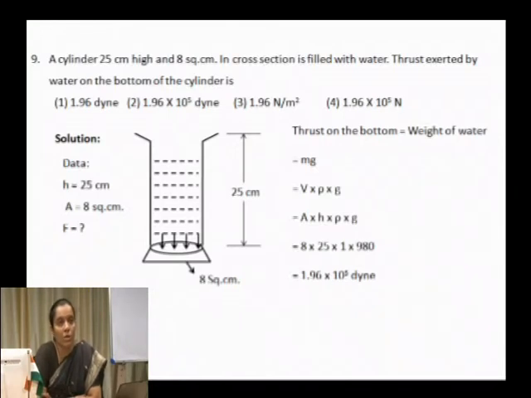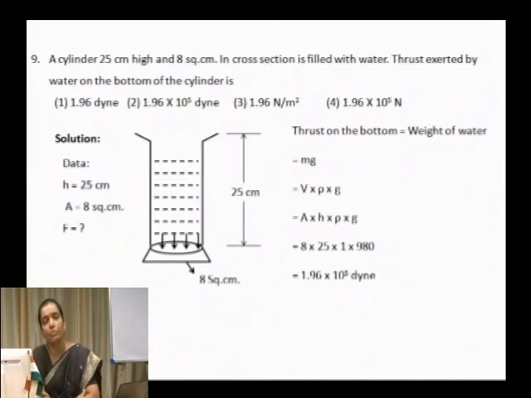So, thrust on the bottom is equal to weight of liquid, weight of the liquid is m into g, m can be written as volume into density or rho, v into rho into g, but the volume of the cylinder is cross sectional area into height of the cylinder. So, the formula reduces to A into h into rho into g.